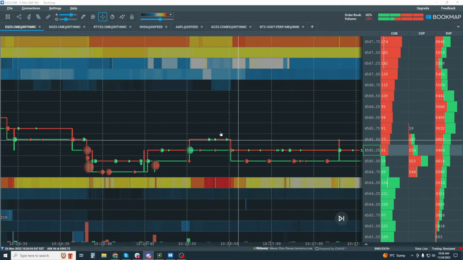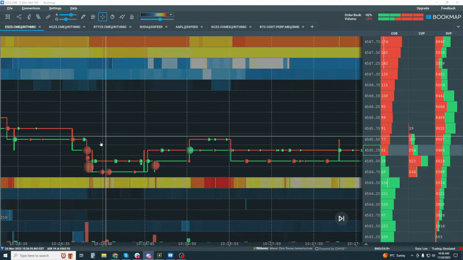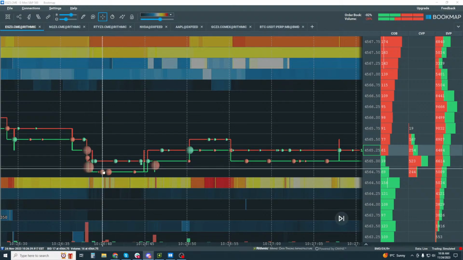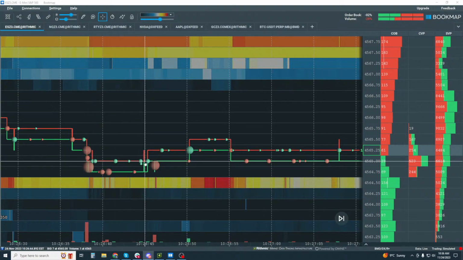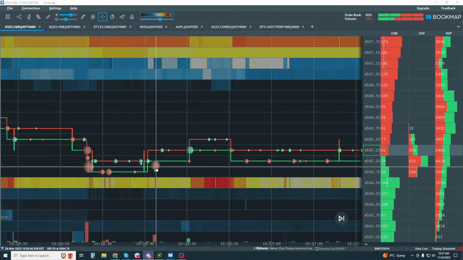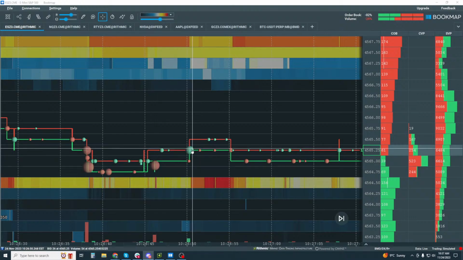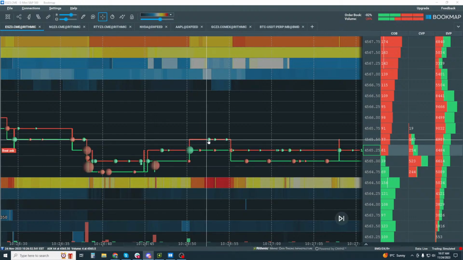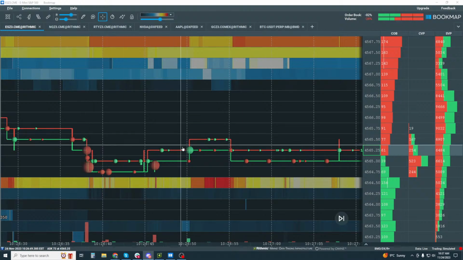We can see that in here, right? Look at the sellers. Here are the buyers, green dots, market buyers. Some buyers in here, a little bit more able to move price up back to here. And then look at the auction back and forth in here.